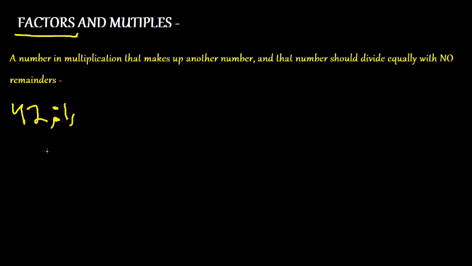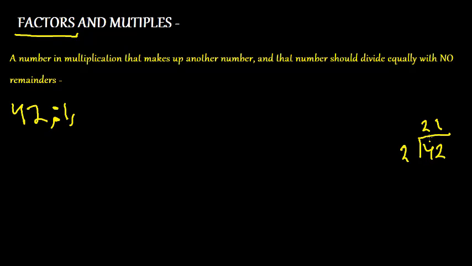And let's look at 2 since we're already done with 1. How would we find out if 2 is a factor of 42? We would divide 42 by 2, and we would get an answer of 21.